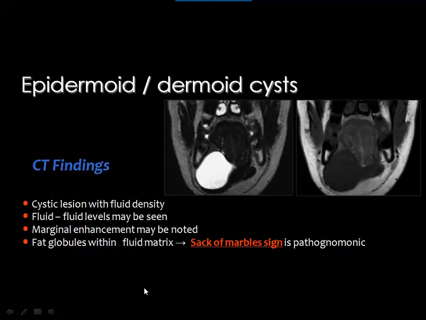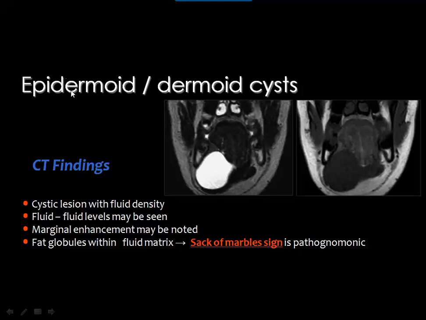And sometimes the cyst is not exactly in the midline. It has a component in the midline, but is slightly off the midline. This lesion contains fluid and there is no evidence of fat.